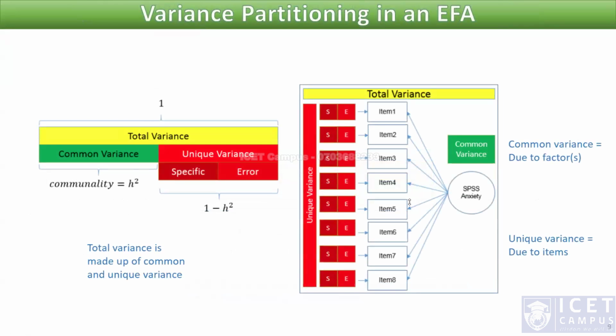As I explained, this is the SPSS anxiety. It is created by these items because it is not an observable variable. The total variance is made up of the common and unique variance.